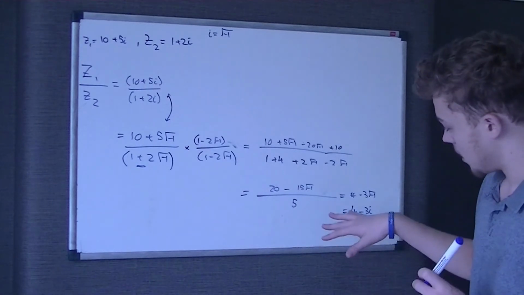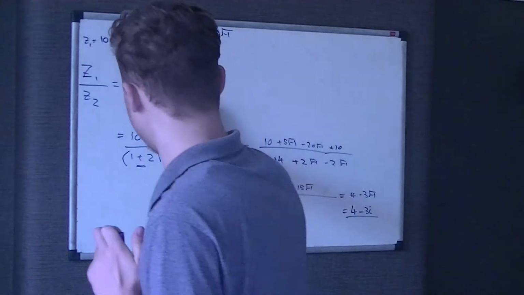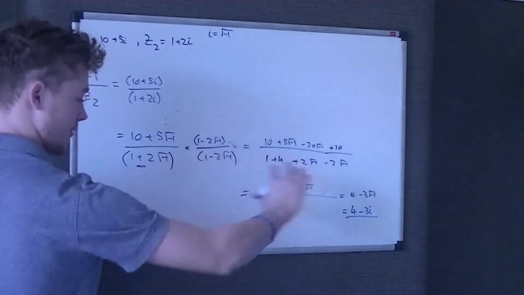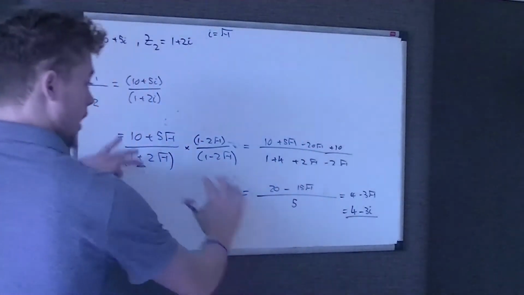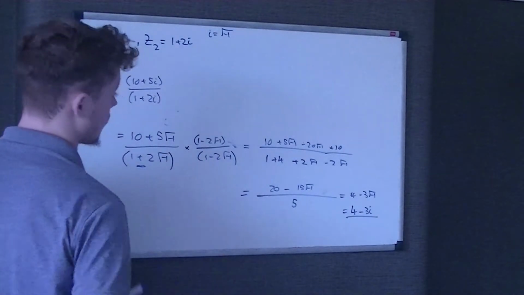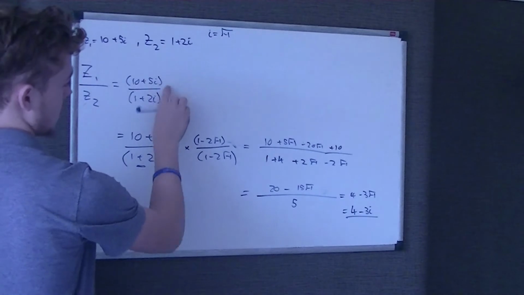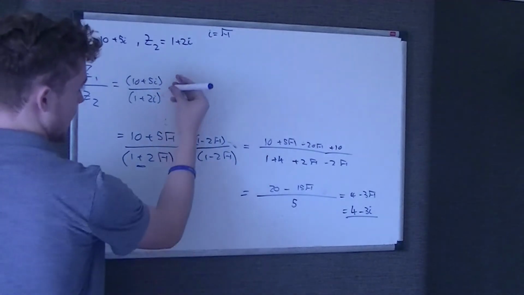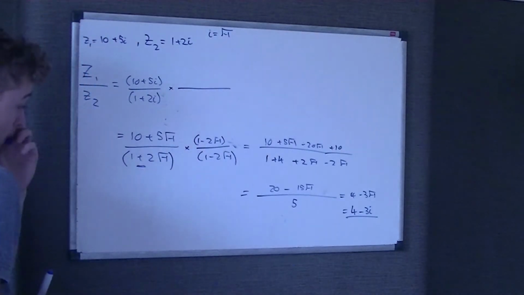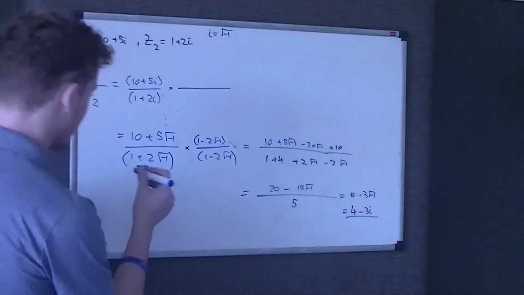Okay? Right, so if we apply the same method to this one, now we know how to do it. If I'm right, and obviously I am, we're going to get the same answer, so this is going to be 4 take 3i. So if we apply the same method, we said we need to rationalise the denominator. So we change the sign in front of the surd on the bottom.